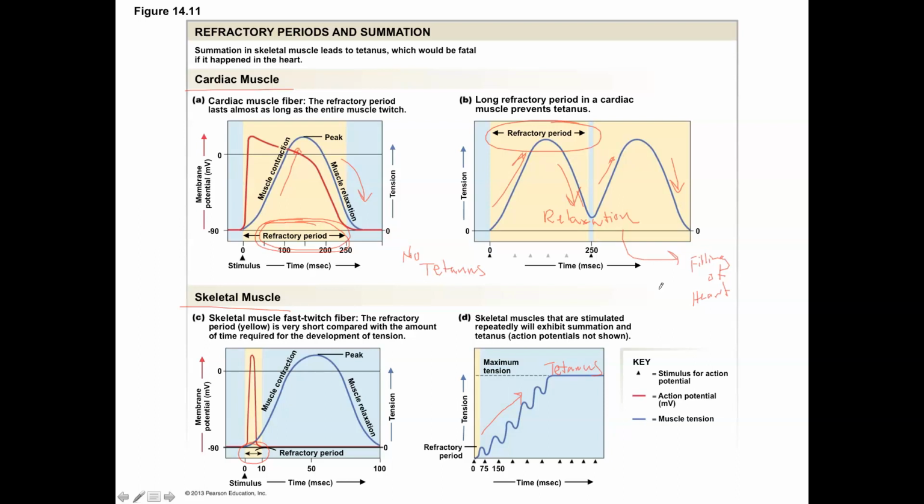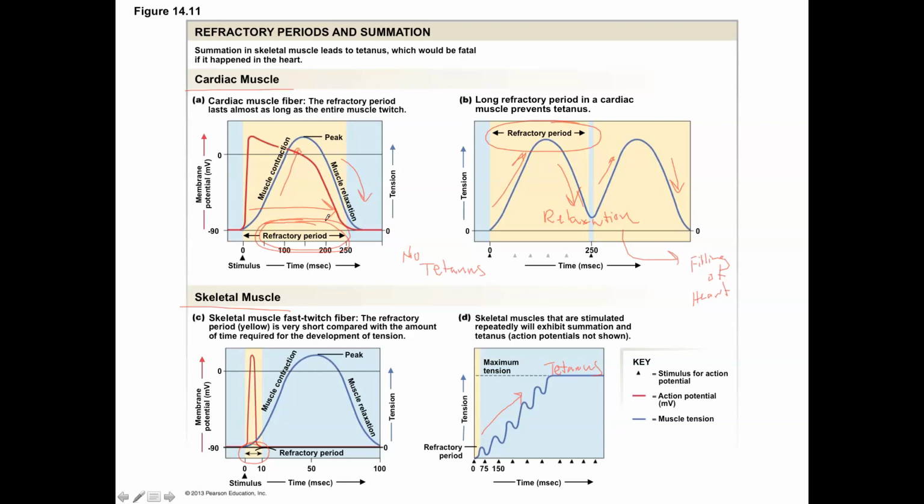That is why tachycardia is so dangerous for the heart. When there's no relaxation of the heart, then you can't have proper filling of the heart. So in order to prevent that, we have these action potentials in these contractile cells that have very long refractory periods, and that's because of that calcium voltage gated channel that plateaus and keeps that depolarized state.